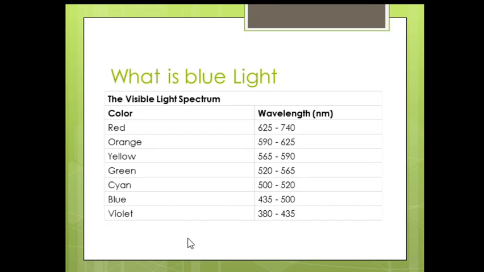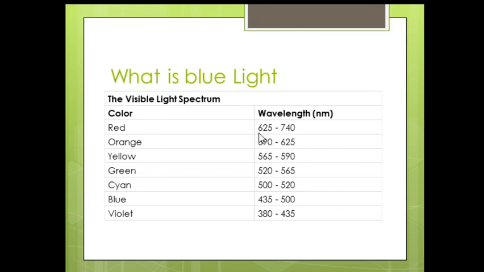Basically, blue light is part of the visible light spectrum, with a wavelength of 435 nanometers to 500 nanometers. Wherever the wavelength is lower, the energy of that particular light is higher.